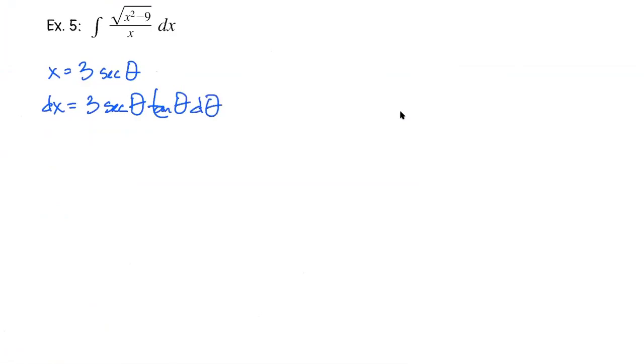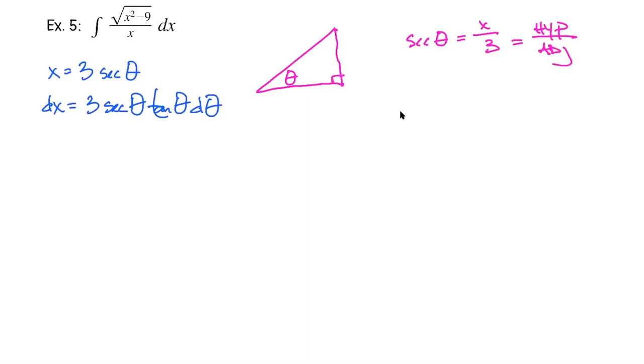Okay. And let's go ahead and set up that triangle so we know at the end what our substitutions are going to be. We know that secant is x over 3, which is the hypotenuse over the adjacent.